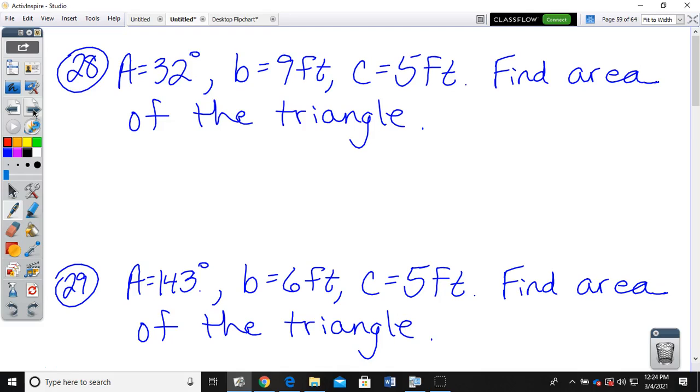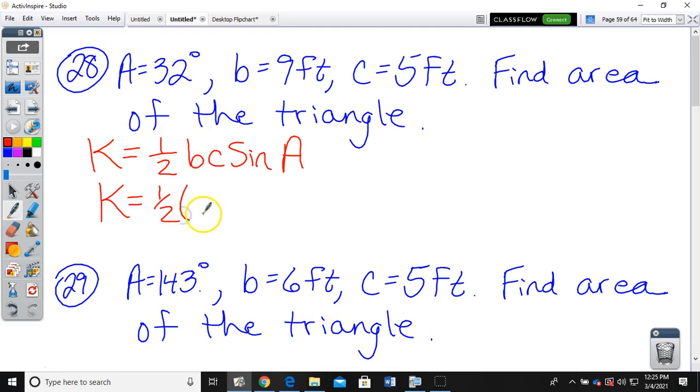And how many angles? 1 angle. So that's the one where we do K equals 1/2 the 2 sides they give me, which is b times c, times the sine of the angle that they gave me. Yes, you need to have that memorized. Not necessarily this exact one, but just know it's 1/2 the 2 sides times the sine of the angle. So it's just plugging in.